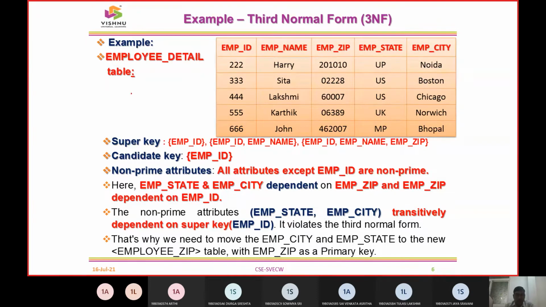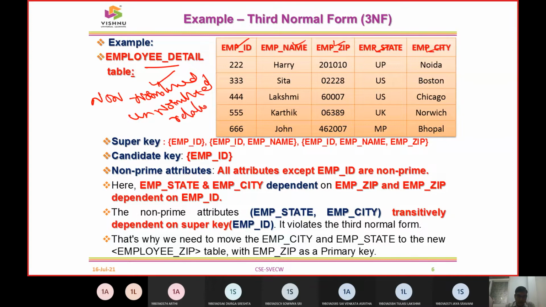For such a case, we take up the employee table. There we have employee ID, employee name, employee PIN code, employee state, and employee city. This is a non-normalized, or you can say unnormalized, relation.